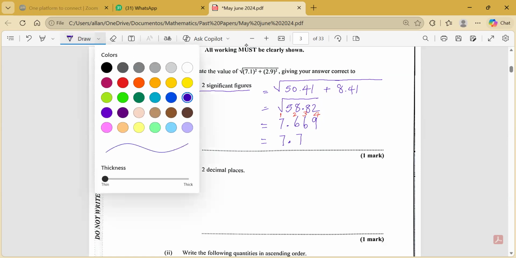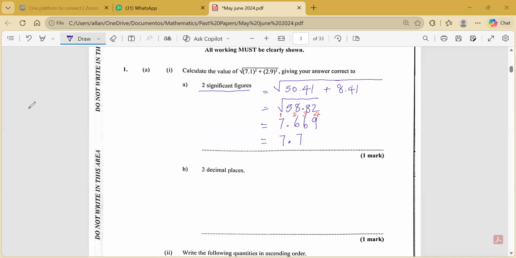So I am going to look. Let me just write this here, 7.669. So what I'm doing, I'm looking, this is the first, second, third, and the fourth.